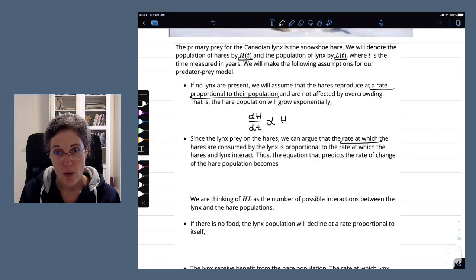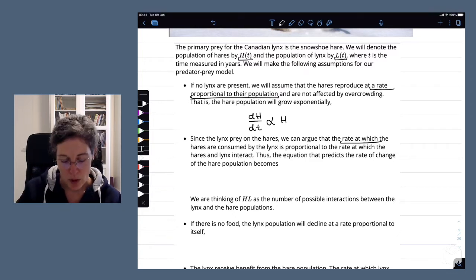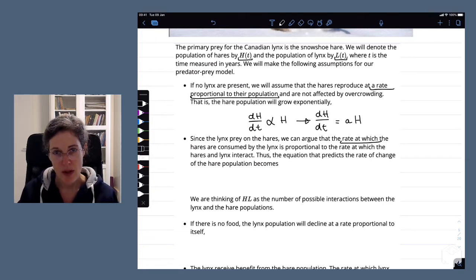Can we turn that into an equation? Well, yes, we can. Being proportional says that dH by dt must be equal to some constant, which we're just going to call a here, times the population. Okay, so that's assuming that there are no lynx. So we know that we need to have a term that looks something like that, but it's probably going to be modified if there are lynx.